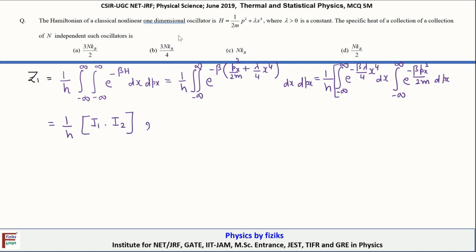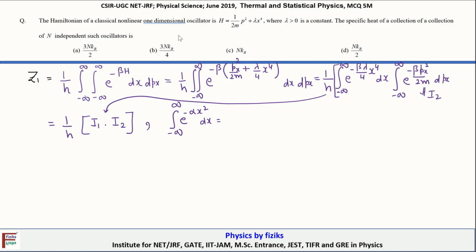Okay, so this is integral 1, and integral 2 can be solved directly by making use of one of the standard results, which is the integral from minus infinity to infinity of exponential minus alpha x square dx, where alpha is a constant.